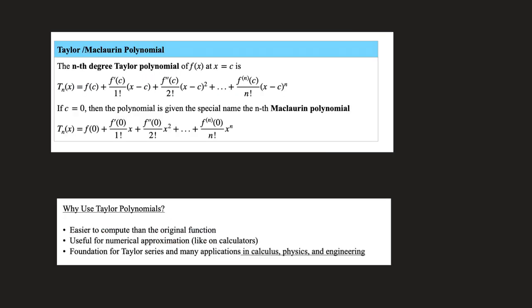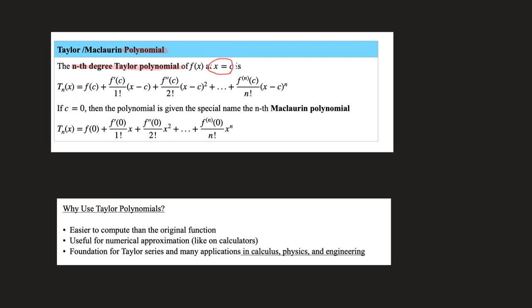How do we define the Taylor and Maclaurin polynomial, guys? I emphasize polynomial. A polynomial has a degree, right? So here is the nth degree Taylor polynomial. The center is c, x equals c. When you think about a Taylor series, it's an infinite sum of a power series.